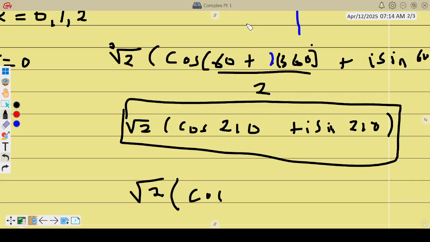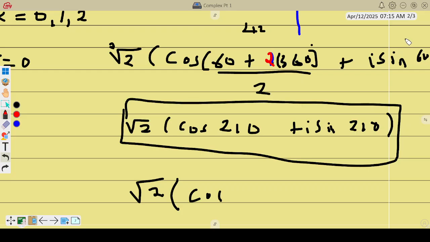It's 420. And then what root are we on? So the first one was the 0 root, this one is now the first root. Okay, so now on the second root, here where this k, we put 2. So 2 times 360, we're going to get 720.